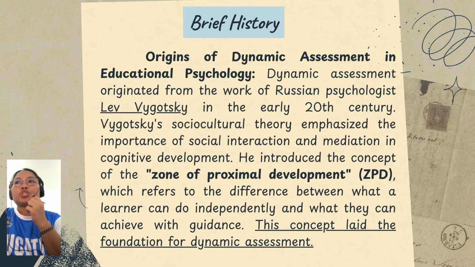Vygotsky's sociocultural theory emphasized the importance of social interaction and mediation in cognitive development. He introduced the concept of the zone of proximal development, ZPD, which refers to the difference between what a learner can do independently and what they can achieve with guidance. This concept laid the foundation for dynamic assessment.